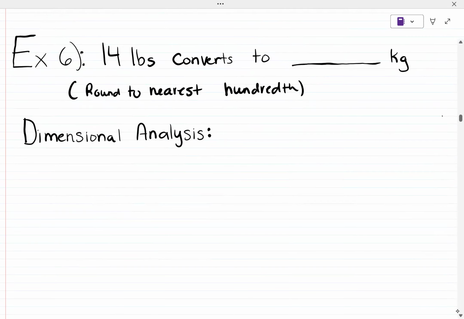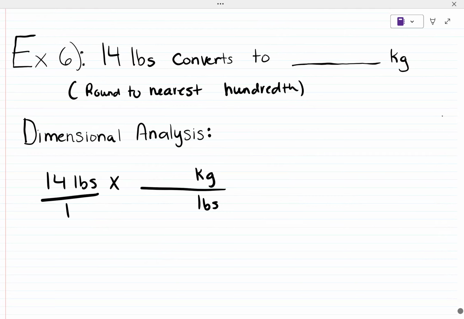Okay, so let's write it as a dimensional analysis. So 14 pounds, 14 lbs times a fraction, with lbs on the bottom and kilograms on the top, and an invisible 1 under the 14.